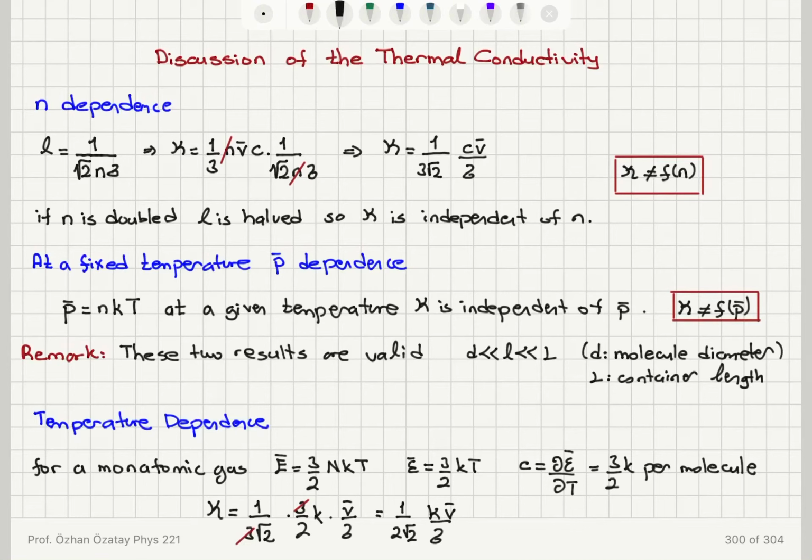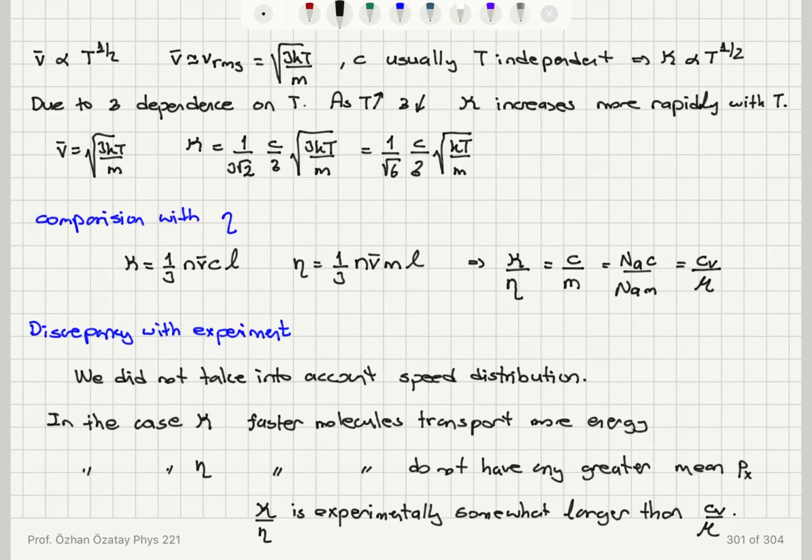For the temperature dependence, if you substitute for the total mean energy 3 over 2 capital N kT, we find that the heat capacity per molecule is 3 over 2 Boltzmann constant. So when we substitute this into the thermal conductivity, that doesn't contribute to any temperature dependence. However, V bar, which is approximated to be square root 3 kT over m, is approximated to be equal to V RMS, which is actually not true if you remember the Maxwell distribution.